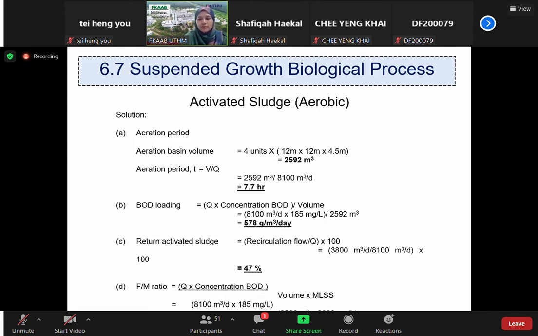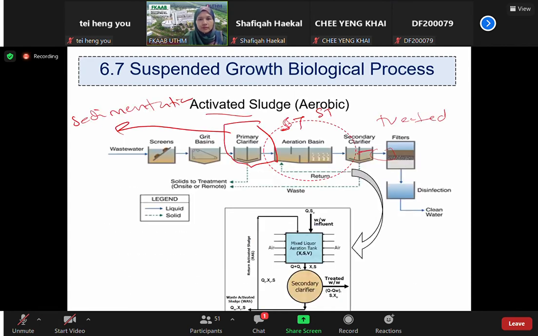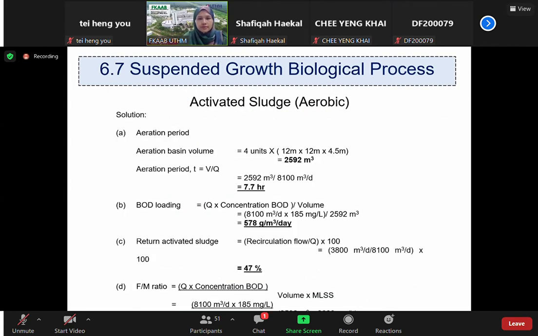Tapi sebenarnya if you understand this process of activated sludge yang ini, okay, remember that they have this aeration. Bila ada aeration adalah dia punya mixed liquid of the volatile suspended solid. Then you can understand this process, this solution. Then aeration period you can calculate by they have 4 units aeration kan tadi.